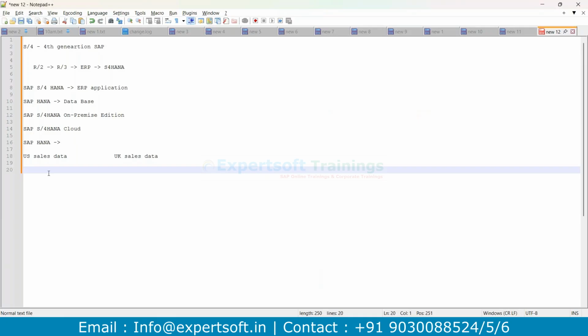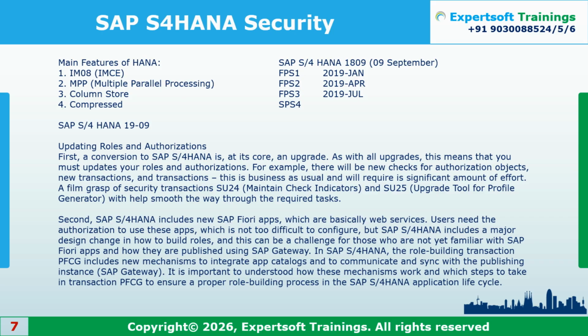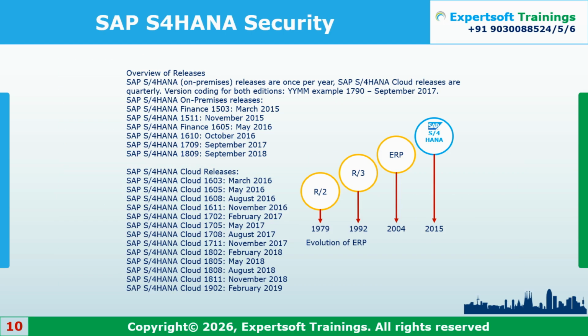First we get the US sales data, and later we get the UK sales data. But if you take the HANA database, we are getting them in parallel, both at a time, because we have multi-parallel processing here. One processor takes care of the US sales data, another processor takes care of the UK sales data. That is one of the advantages here. Multi-parallel processing is the main feature of the HANA database.